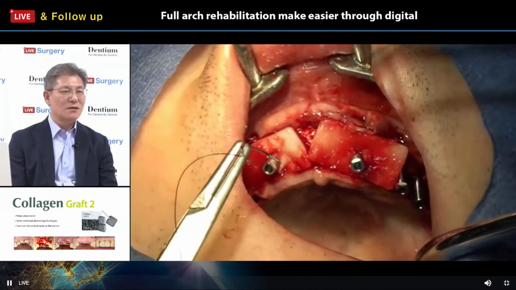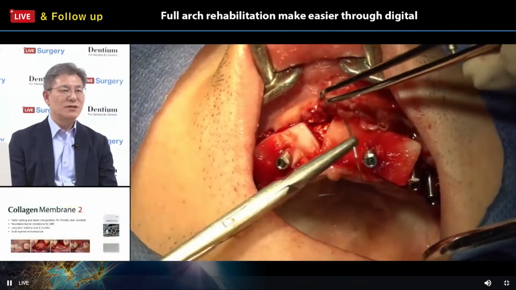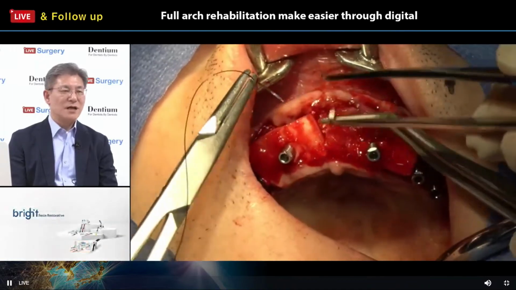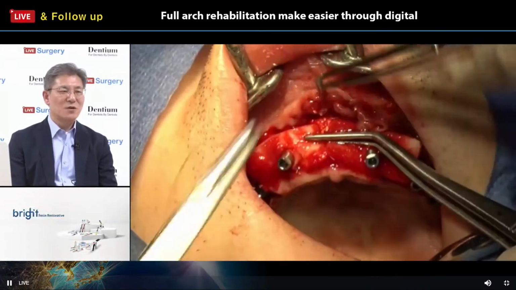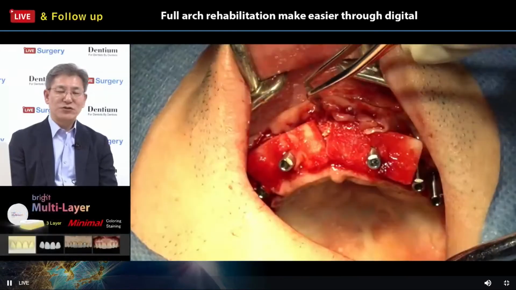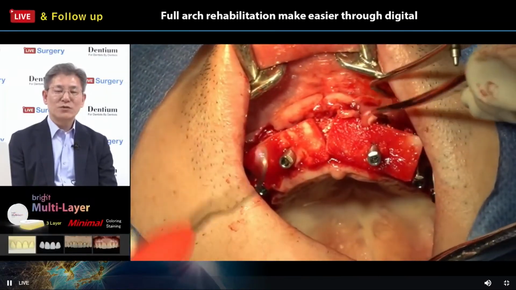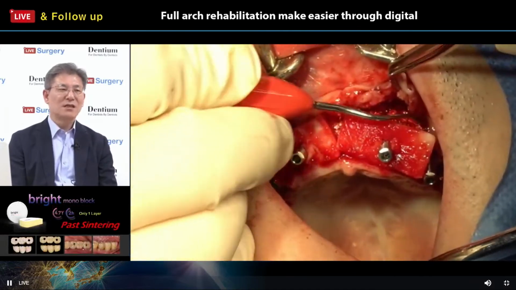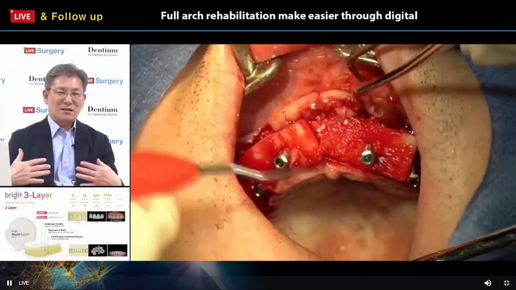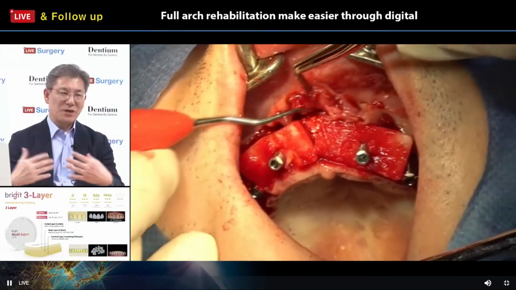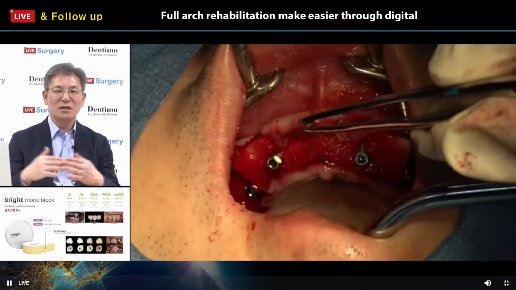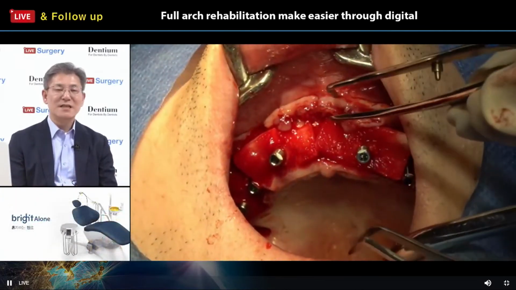So the suture is the remaining procedure. Actually, when we use this collagen graft material, it means the open wound healing concept. So you don't need the big flap reflection or the periosteal releasing incision.